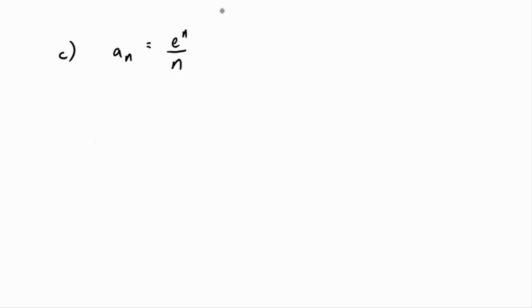Well, it's okay then to do this. You can look at the related continuous function, f(x) equals e to the x over x. I haven't proved it, but this at least seems intuitive.